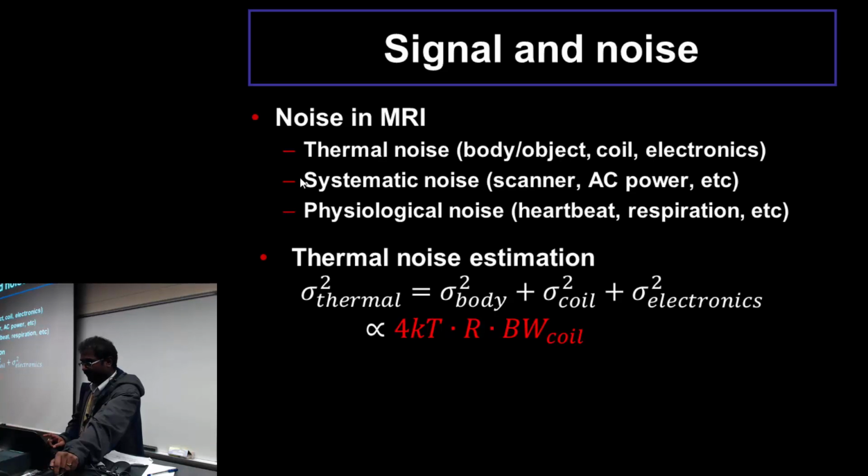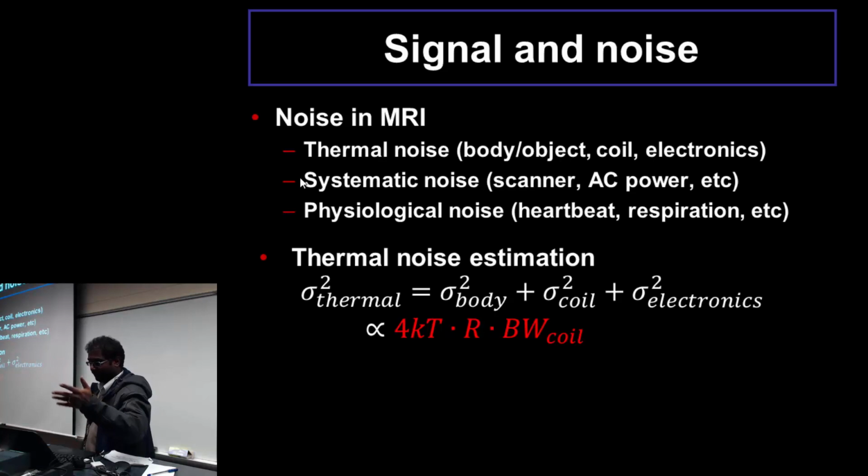The signal is being affected by 3 random variables, and it's the summation of these 3 random variables that affects the signal. So the net variance of the summed signal is the sum of the variances of these 3 random variables.